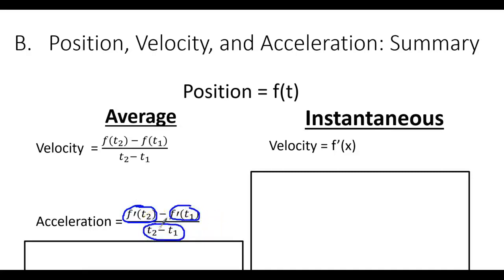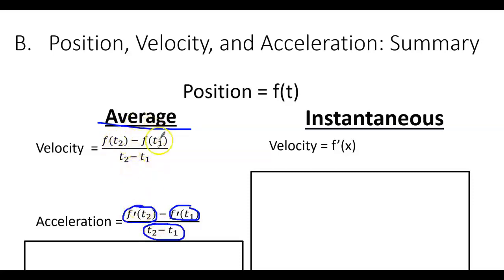And that's what I did in the last slide. We had 40 miles per hour, we had 10 miles per hour over 5 seconds minus 1 second. And that would be my average acceleration. It tells you how much the velocity changed over time. Now notice the difference. It's not f minus f like it is up here with the velocity.